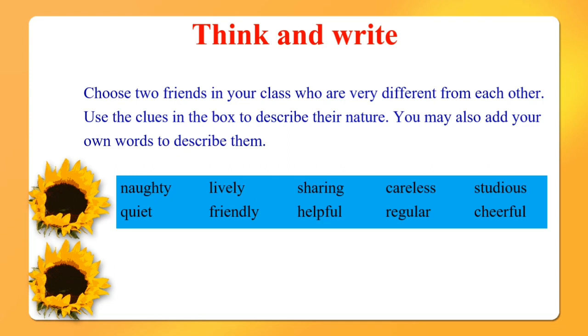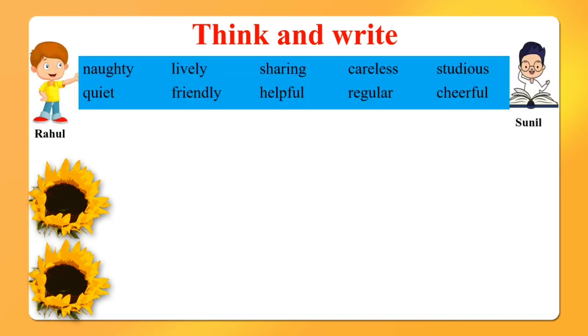Friends, we have to choose two friends from our class. I have taken here two friends of mine, means two names I have taken, and I'm going to describe them here. But you can take your friends' names and describe them. Here you can see two friends on two sides.